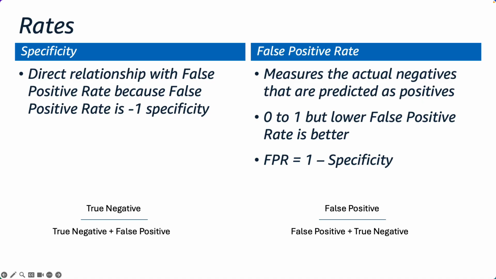Specificity has a direct relationship with the false positive rate because false positive rate is 1 minus specificity. False positives measure the actual negatives that are predicted as positives. Again, the value is 0 to 1, but with false positive rate, the lower value is better.